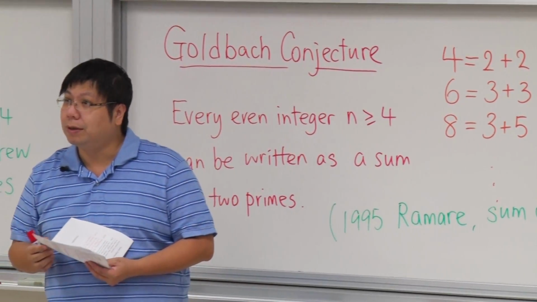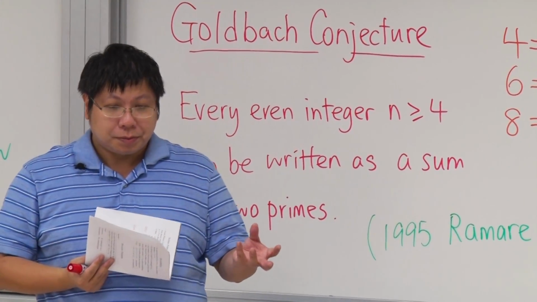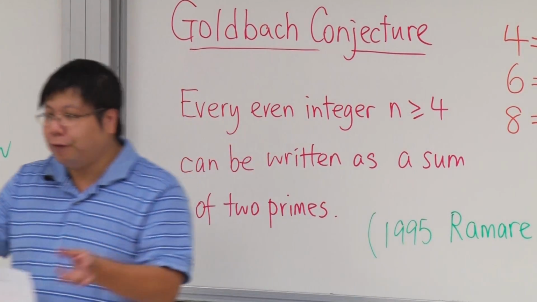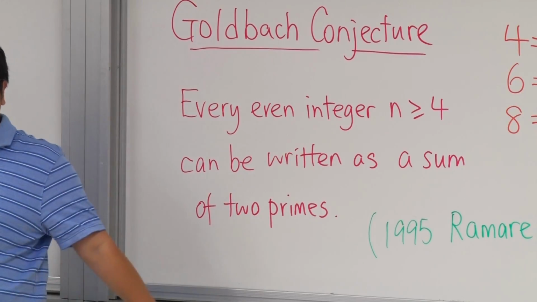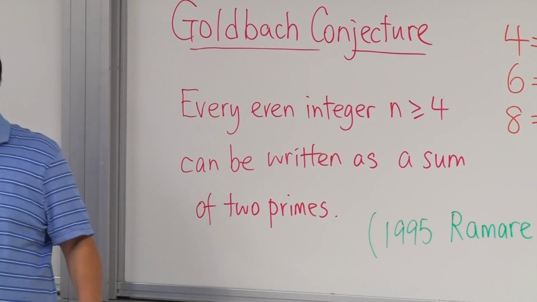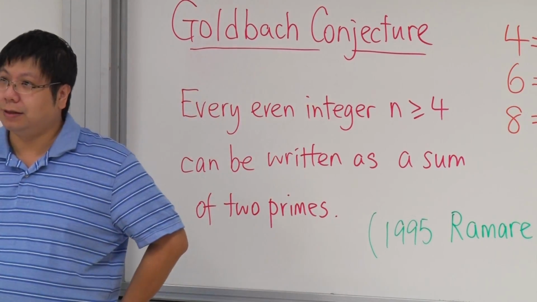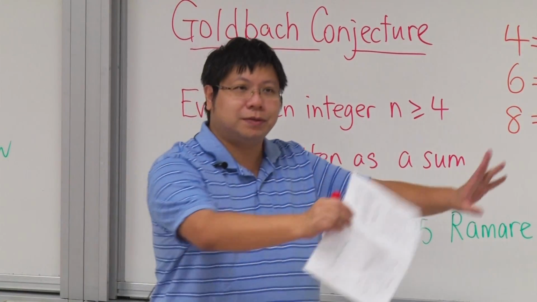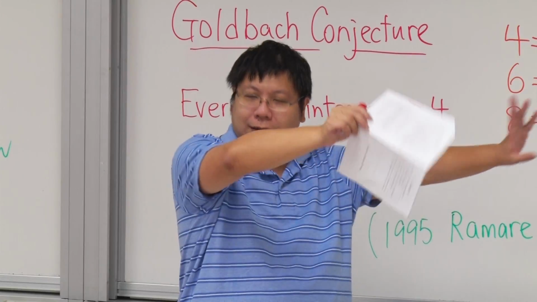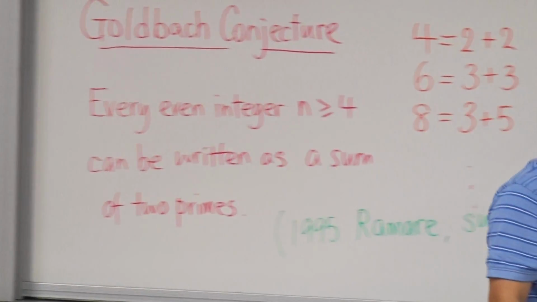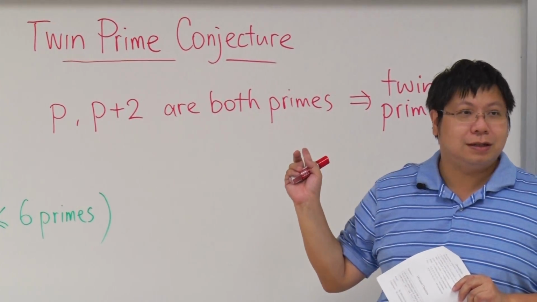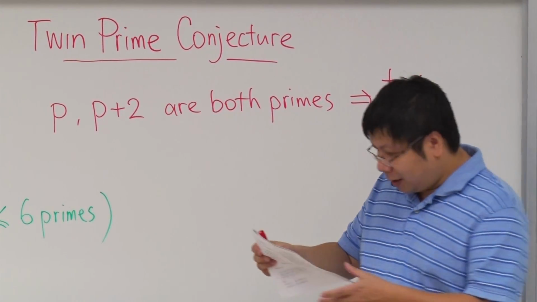This is still a prime. Is that okay? So after 103, you will still be able to go further to find another prime p such that p plus 2 is also a prime. So this is what the conjecture says. It says that we will never run out of them. You will always find them again and again in the future. But nobody knows how to answer this one. Is it yes or is it no? Nobody knows.